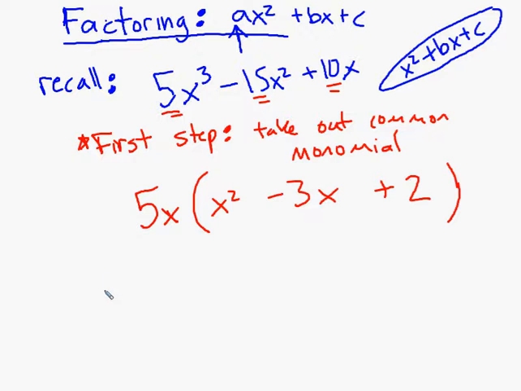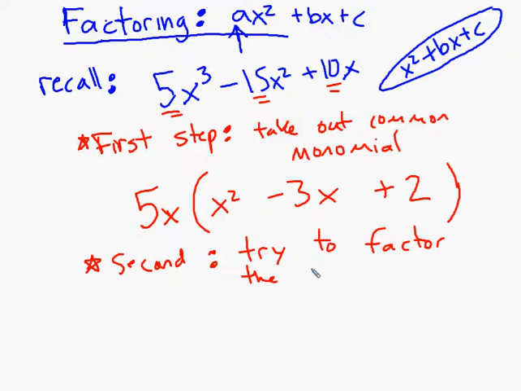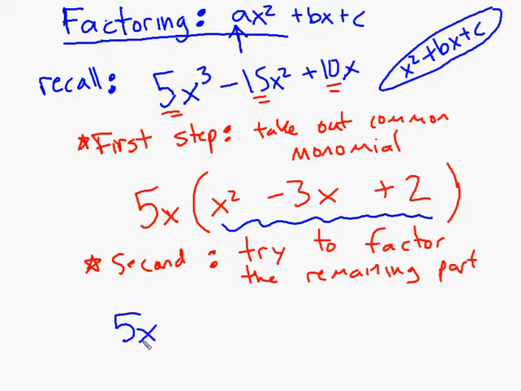So that's the first step. Then the second step: try to factor the remaining part. Well, what's the remaining part? All this stuff. Okay, so I have my 5x just kind of hanging out there.